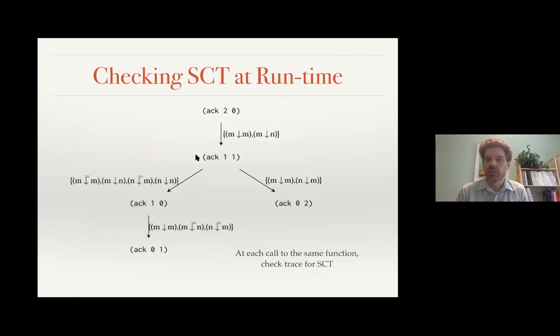Let's think about the real call graph that's happening as the program runs. And what we'll do is check, at each point that you make a call, that you're maintaining the size change property so far. And the moment that you see a violation of it, you stop the program and say, no, you violated the principle.